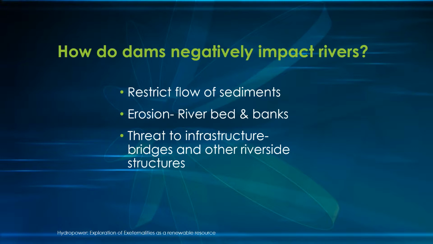This creates a lasting impact on the different organisms that are dependent on the different cycles of the river. Another impact created by the restrictions of sediment flow is erosion. If a river is deprived of this natural cycle, the river will look for other sources of sediment. What this means is that the river will slowly begin to erode its bed and its banks, which could pose a serious threat to infrastructure such as bridges and other riverside structures.